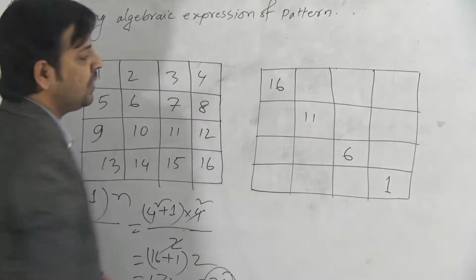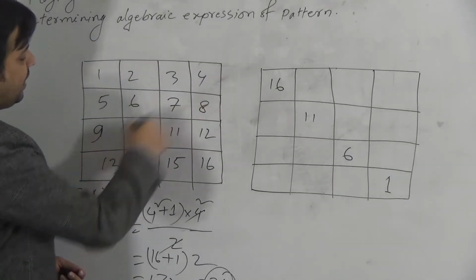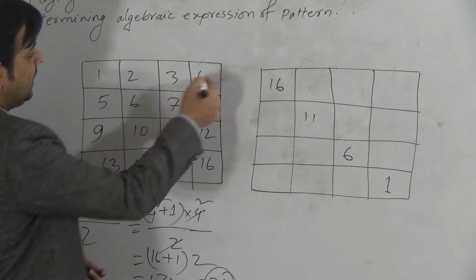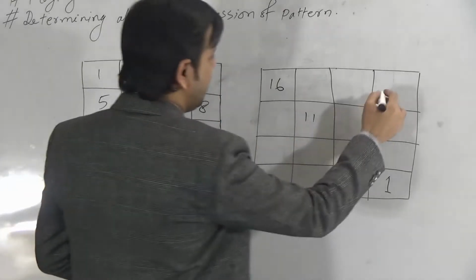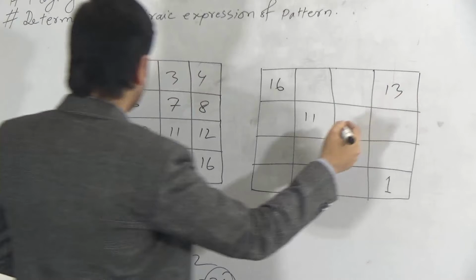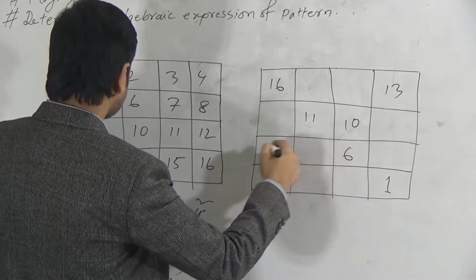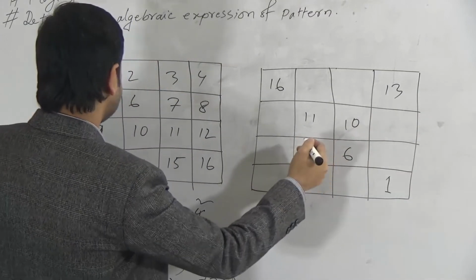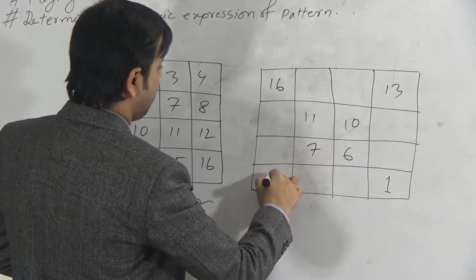I have written the first diagonal conversely, nothing else. Now write the second diagonal conversely here. So 13 will be here, 10 will be here, 7 will be here, and 4 will be here.